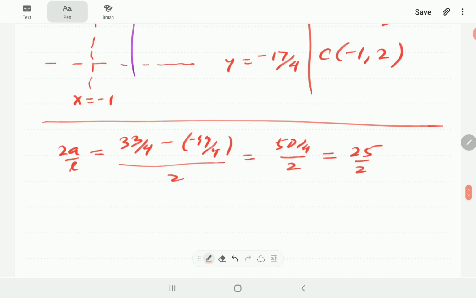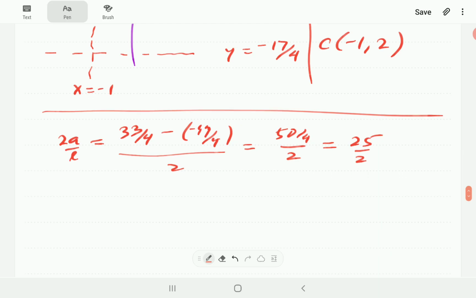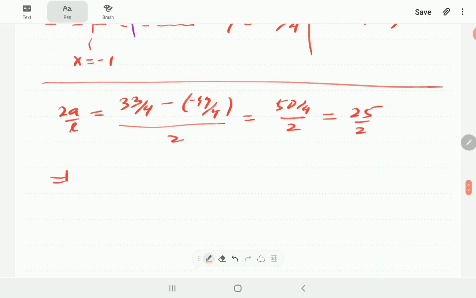However, we're given that the eccentricity is 4 over 5. From this, A is going to be 25 over 2 times E over 2. Now E, the eccentricity, is 4 over 5, so that means A is going to be 5.